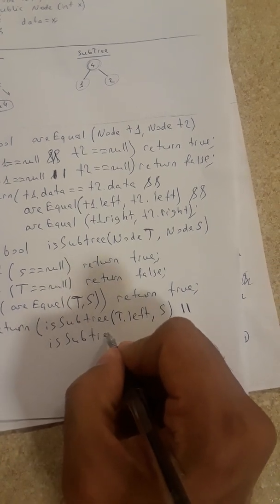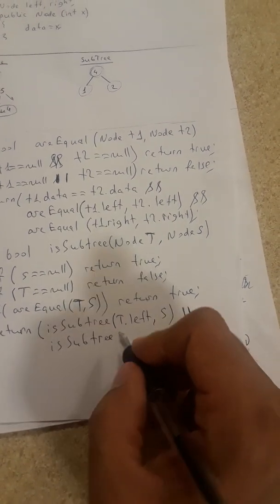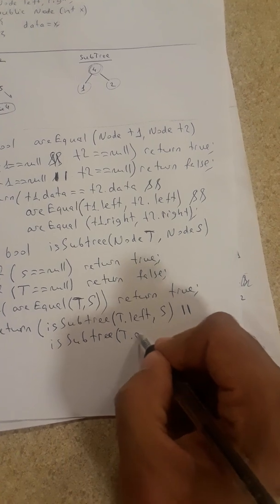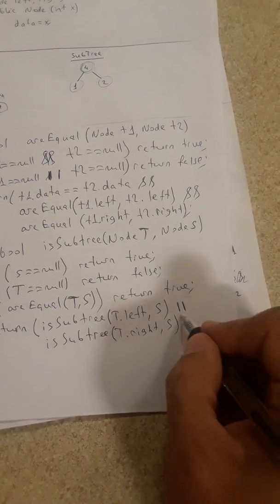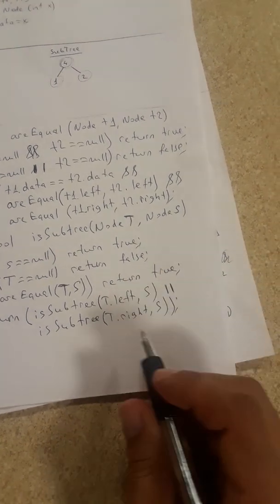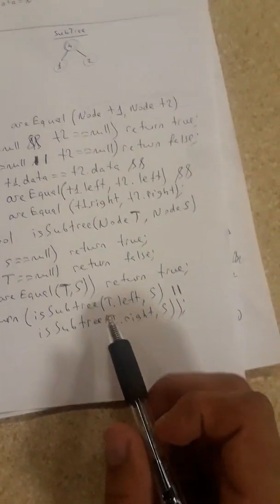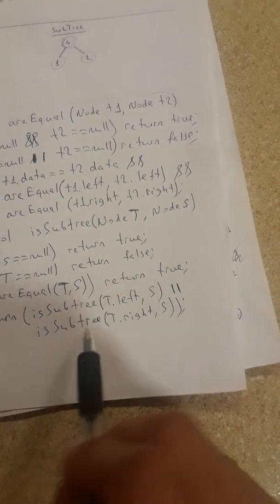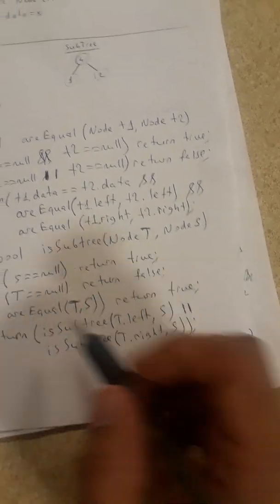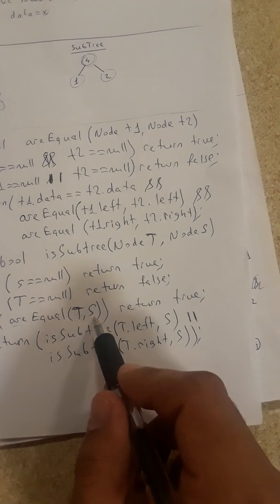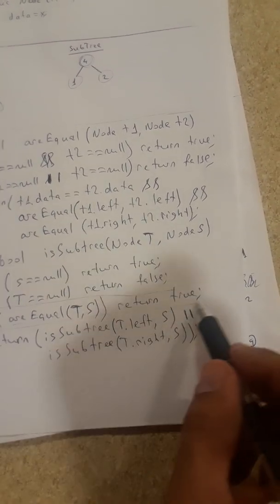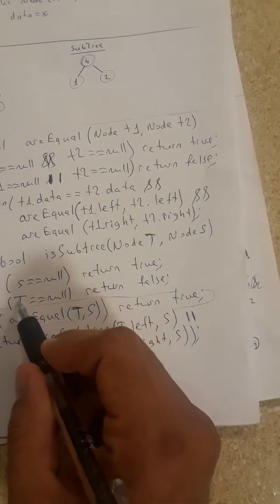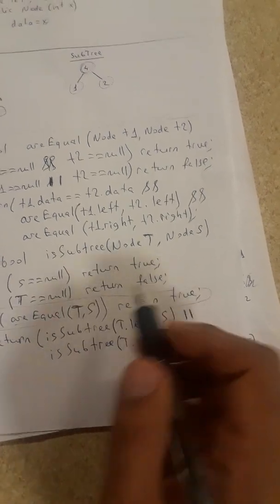Also, we will make the same check for the right child. So if at some point going down it finds an equality, it will return true. Otherwise, when it reaches the bottom of the tree, it will return false.